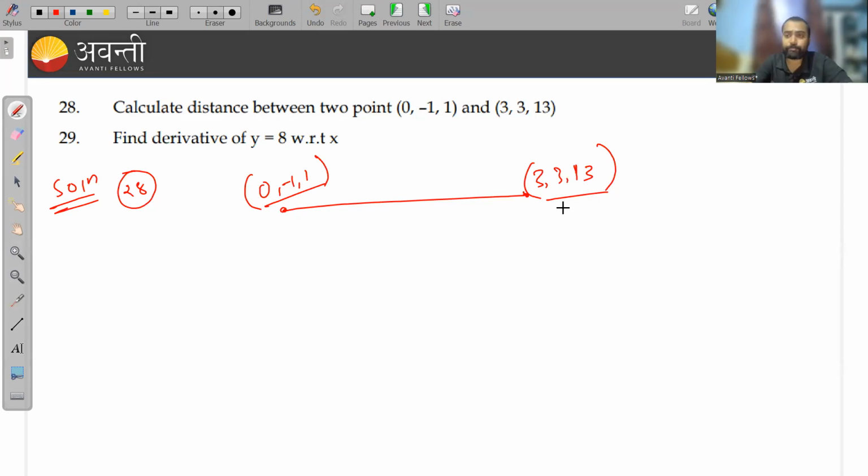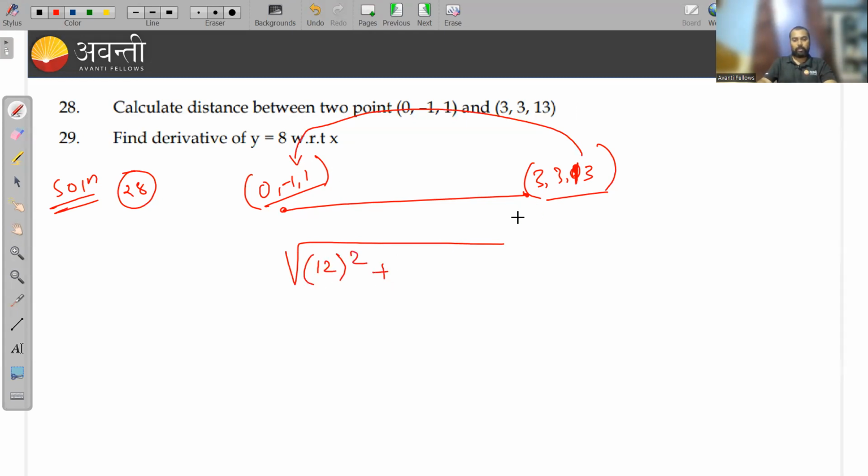All of you know 3D is three-dimensional. Now if we use the distance formula, what is that? The distance between these 2 points will be the root of (13 minus 1) square, z2 minus z1 square, that is 12 square, plus (3 minus (-1)) square, that is 4 square, plus 3 square.